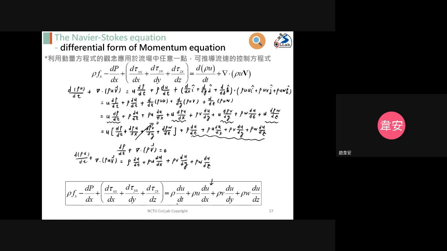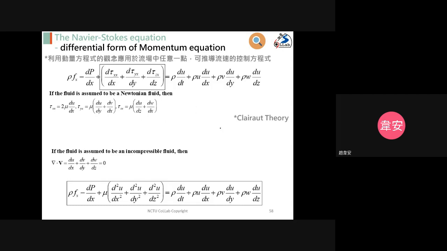Okay, so this is our final result for the right hand side. This is the control volume integration and the integral along the control surface items. Okay, so the left hand side is related to our external force.